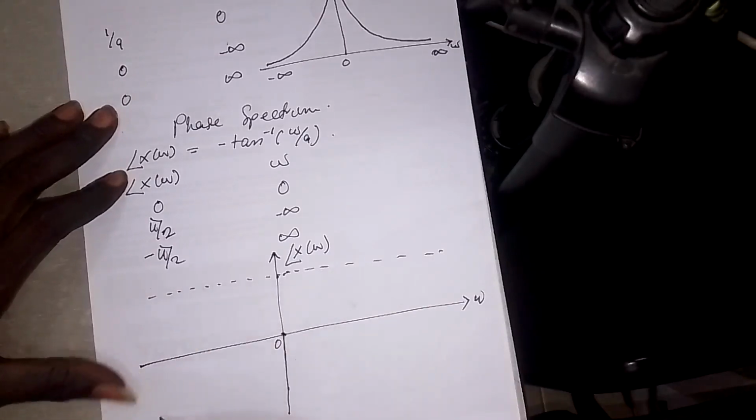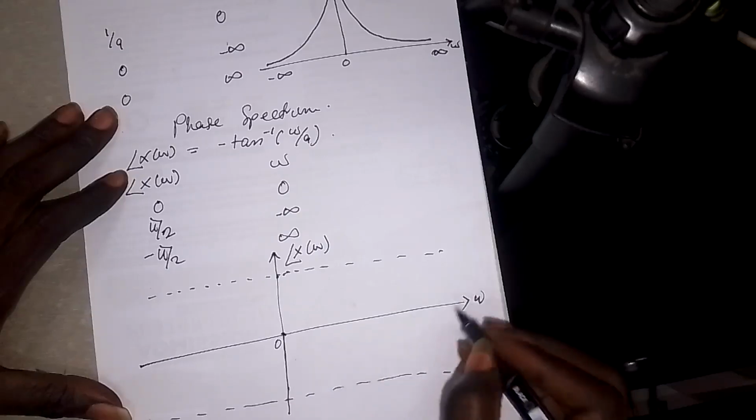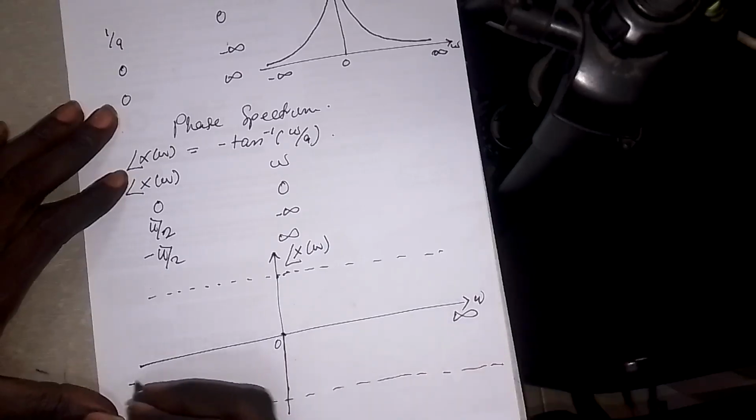Then we have minus pi on 2 also, so it has to be this way. Here is positive infinity.